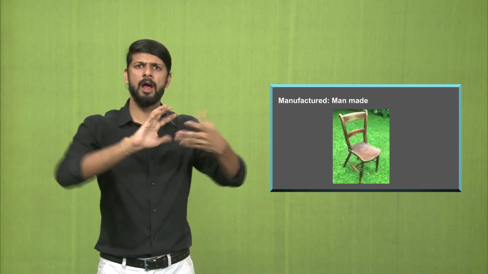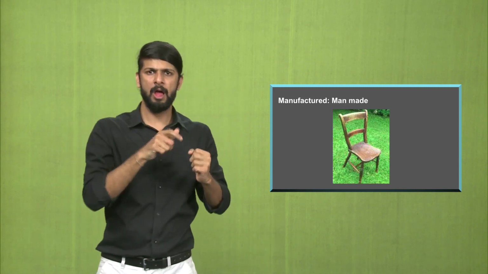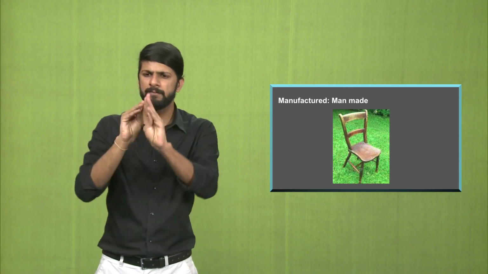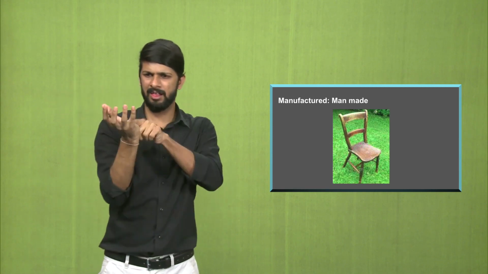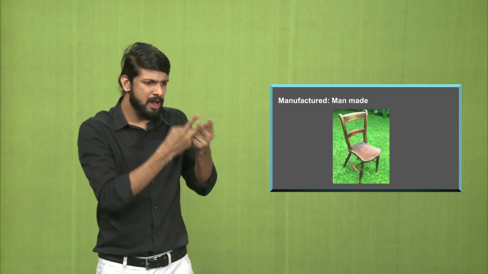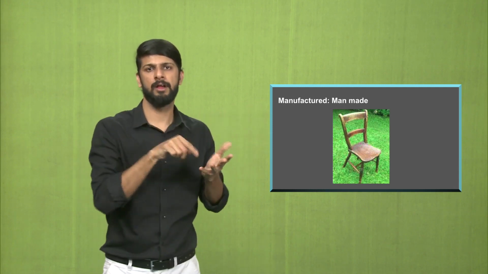Manufactured means man-made. For example, fruits and vegetables, are they man-made? No, they are natural, but there are things which are man-made.